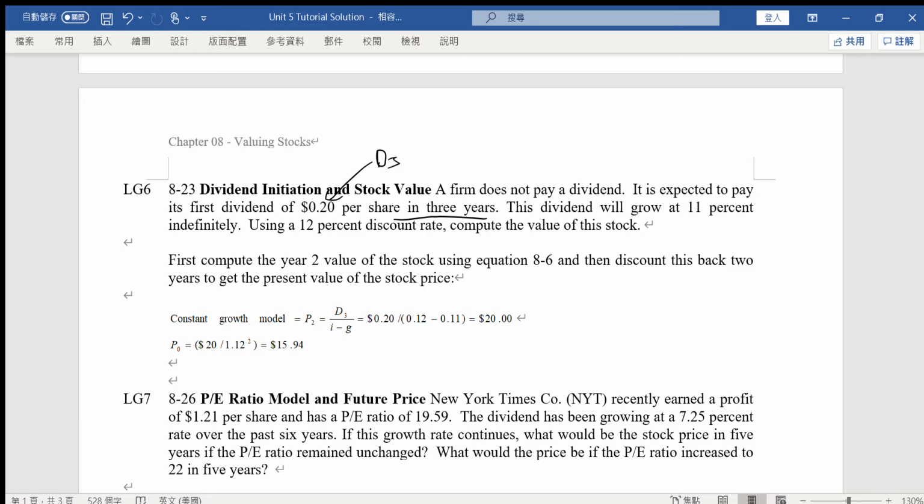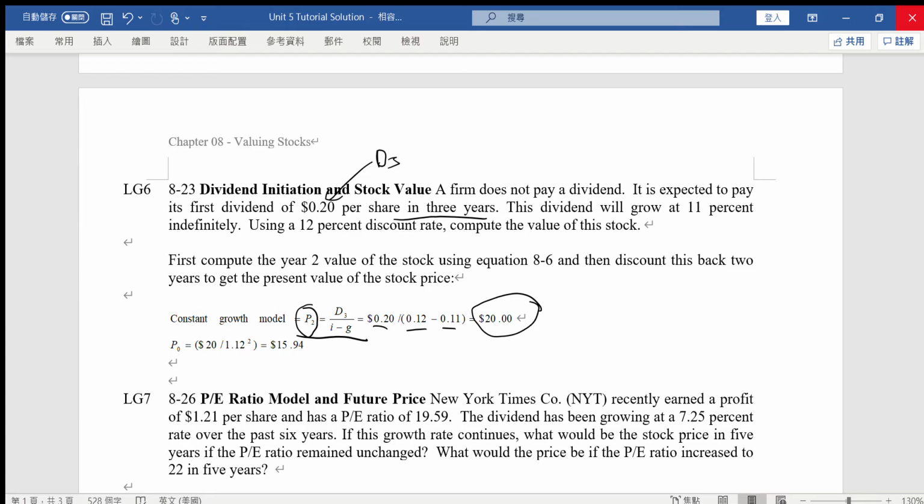Because of that, we can make use of the original constant growth model formula, which is D3 over (i minus g). You can work out the present value at year 2. Using D3 of 0.2 over the discount rate minus the growth rate, the share value in year 2 will be $20.